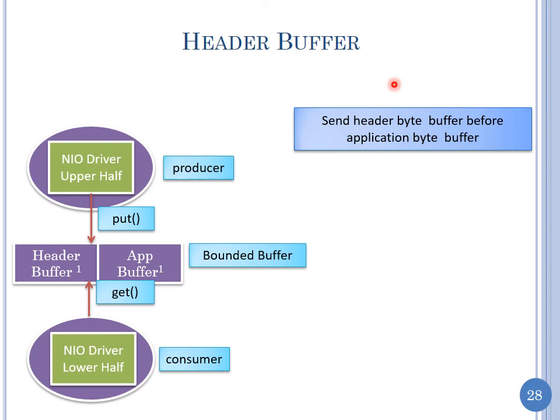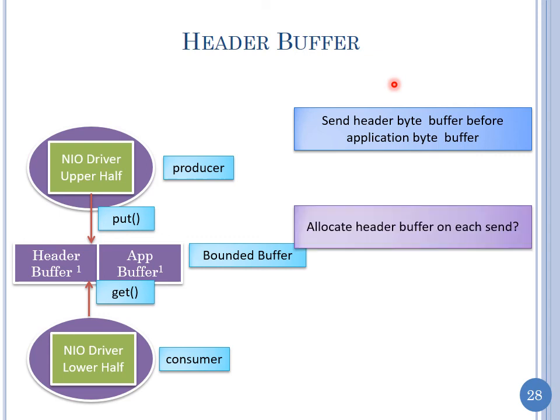So send the header byte buffer before the application byte buffer. Again, we are talking about the NIO manager and efficiency issues. Another efficiency wrinkle that is created here is, should we allocate a header buffer on each send?